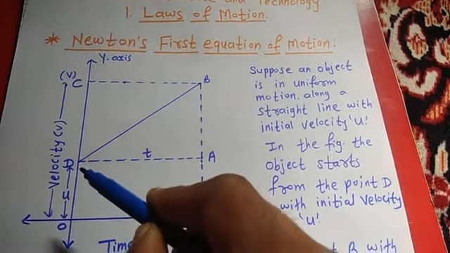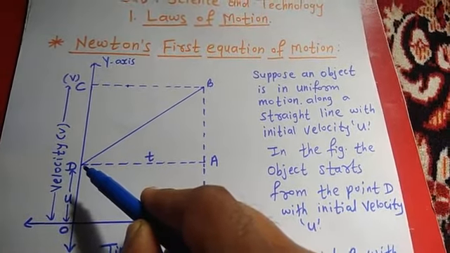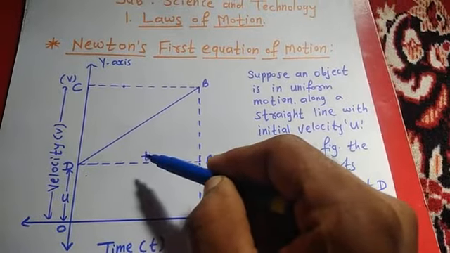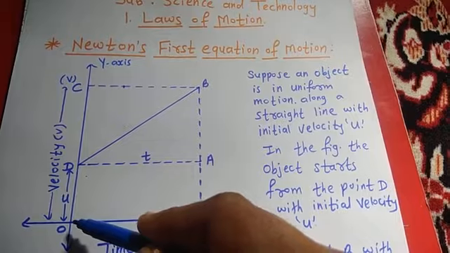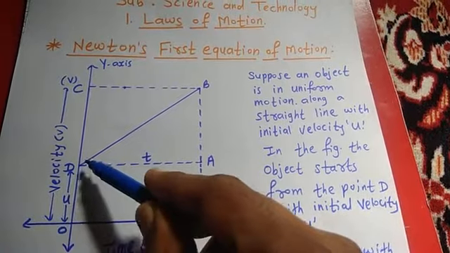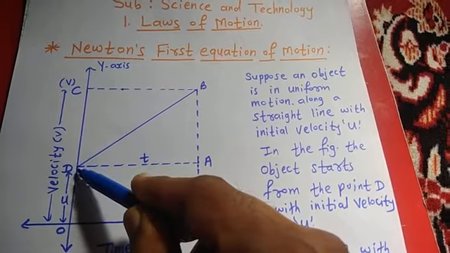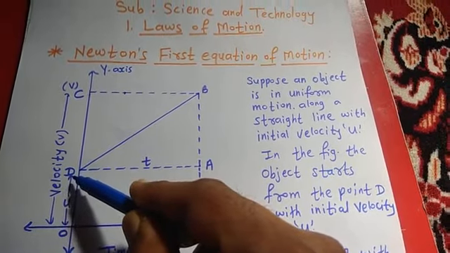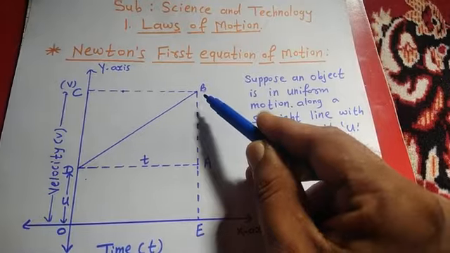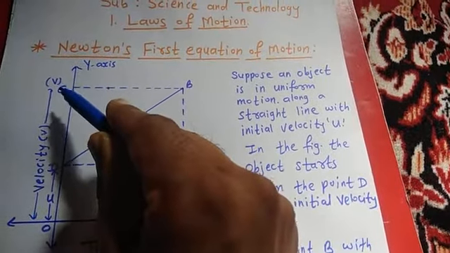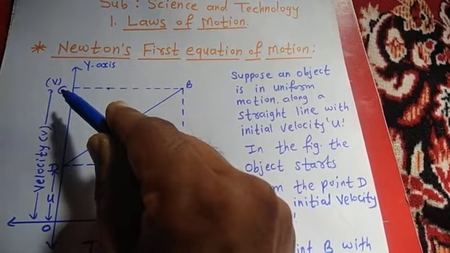An object starts its journey from point D and it reaches at point B in time t. So this distance OD is equal to u. U is the initial velocity. The coordinate of this point D is u. And the coordinate of point B is v, where v is the final velocity of the object.